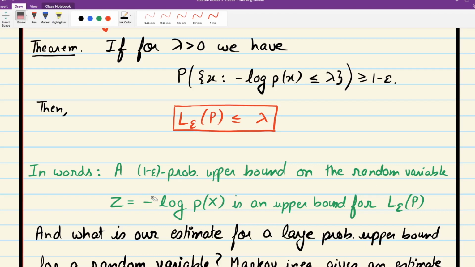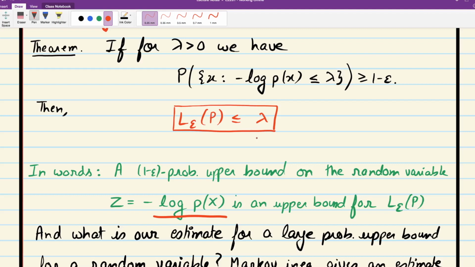Just remember, we call this a measure of rarity, right? So this minus log px is a random variable because x is random. This is a measure of rarity of an element. Any large probability upper bound on this is actually an upper bound on L epsilon p. Any upper bound on this which holds with probability greater than 1 minus epsilon, like this one here, is an upper bound for L epsilon p.